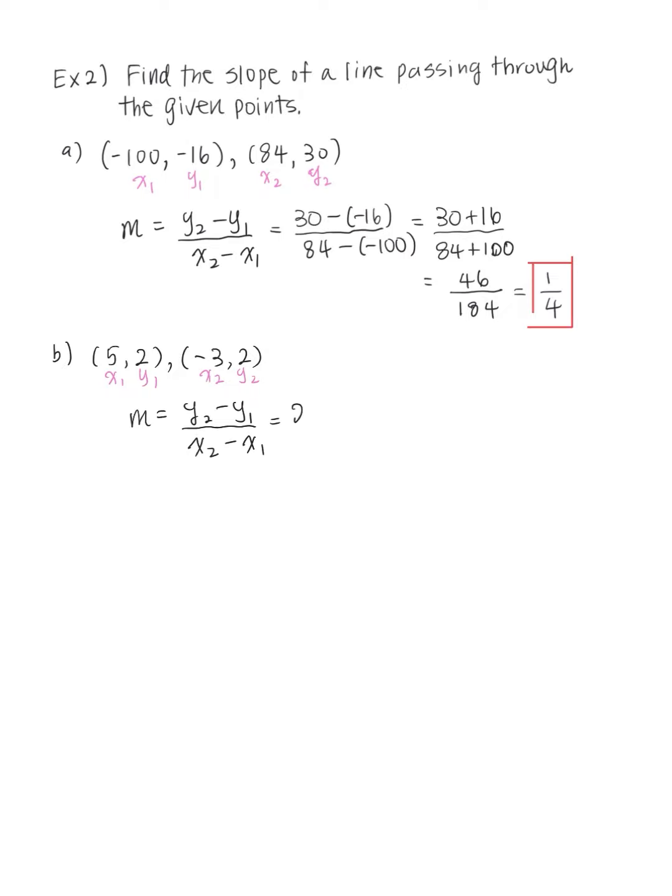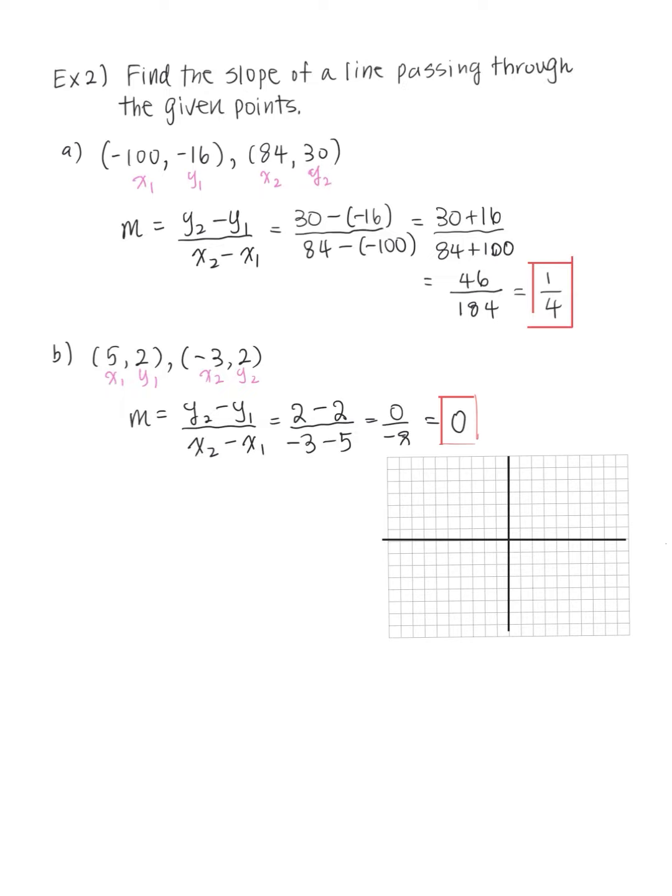Here we get 2 minus 2 over negative 3 minus 5, which becomes 0 over negative 8. What's 0 over negative 8? That's going to be 0. So here it is. But what does it mean? We have a slope equal to 0. So what kind of graph do you think we're going to get? We're going to get a horizontal line.